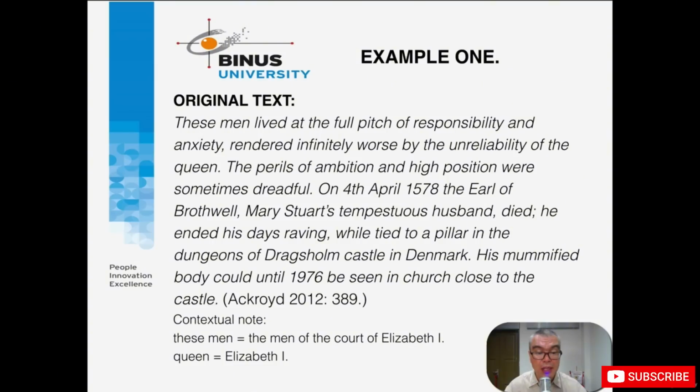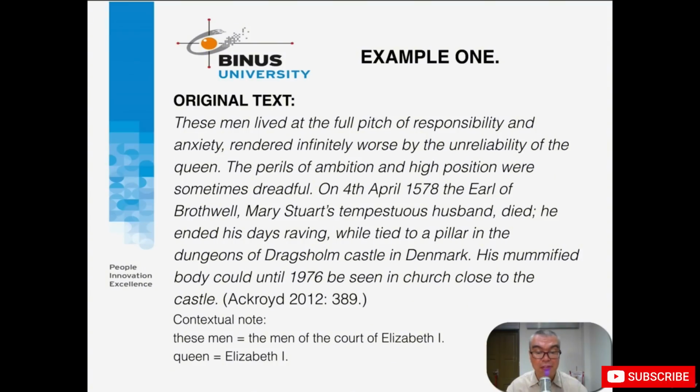Example number 1. So this is the original text, and I'll read this out to you. These men lived at the full pitch of responsibility and anxiety, rendered infinitely worse by the unreliability of the Queen. The perils of ambition and high position were sometimes dreadful.